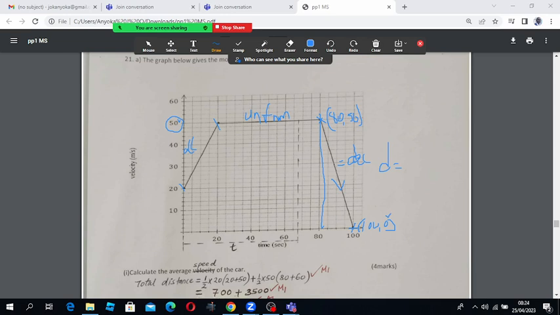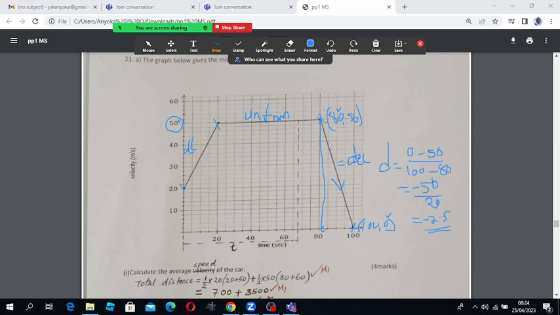The final velocity is 0 minus initial velocity 50, over the final time 100 minus 80. So this gives us negative 50 over 20. So this deceleration is negative 2.5.